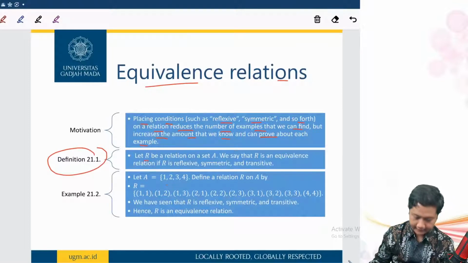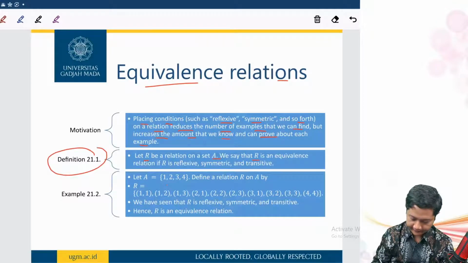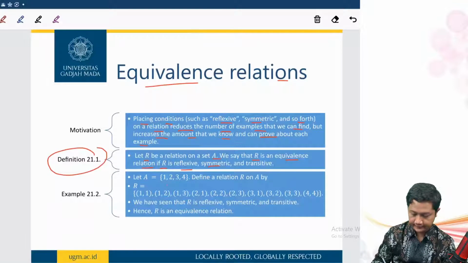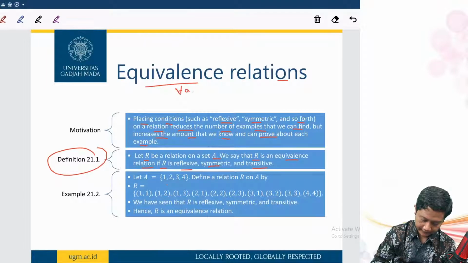So what is the definition? When R is a relation on a set A, we say that R is an equivalence relation if R is reflexive, symmetric, and transitive. Remember, reflexive is: for all a in A, a is related to a.